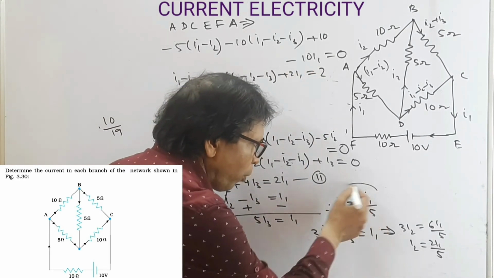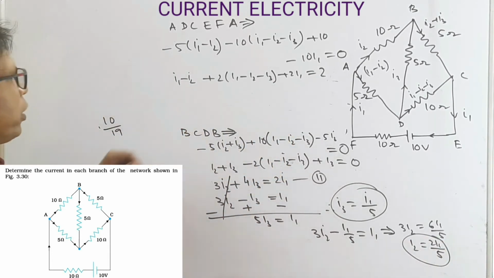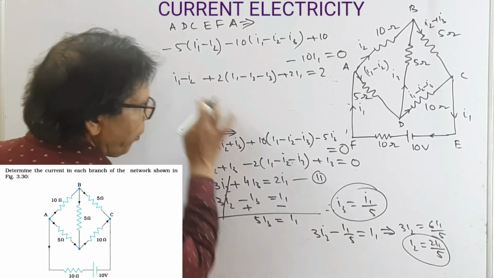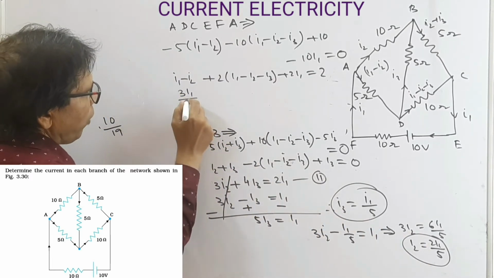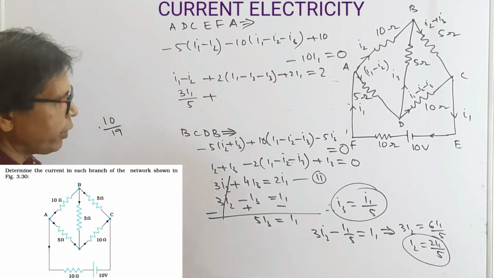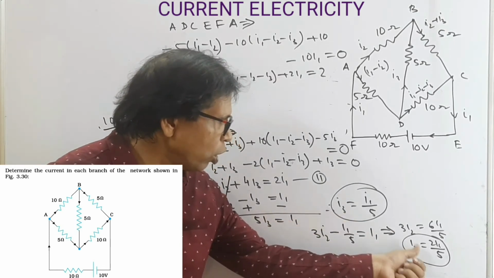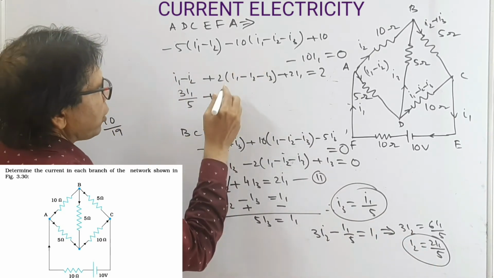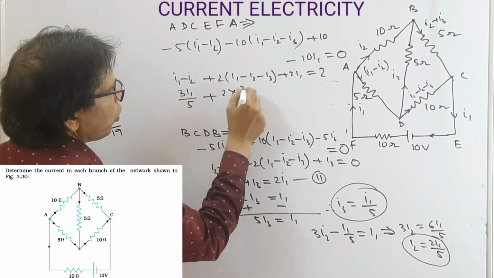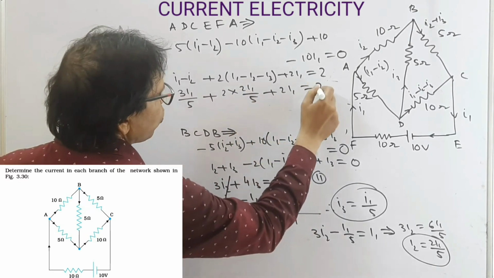Now put the value of I3 and I2 in this equation. So look at this, I1 minus I2 is 3I1 by 5. Now I3 plus I2 is 3I1 by 5, so I1 minus 3I1 by 5 is 2I1 by 5, plus 2I1 equal to 2.